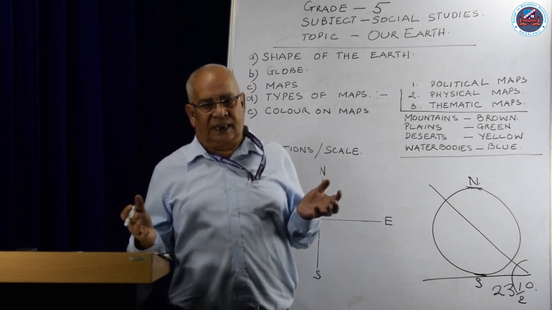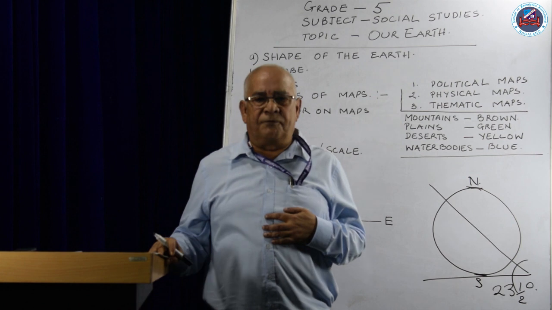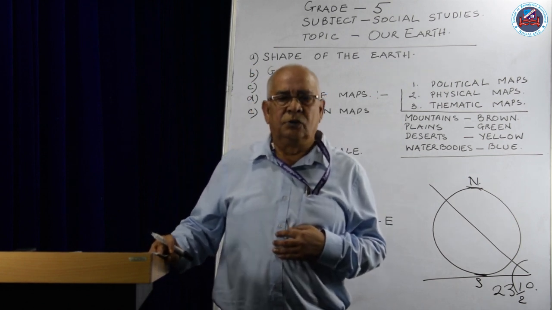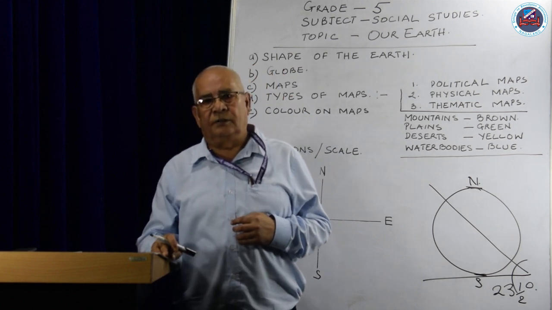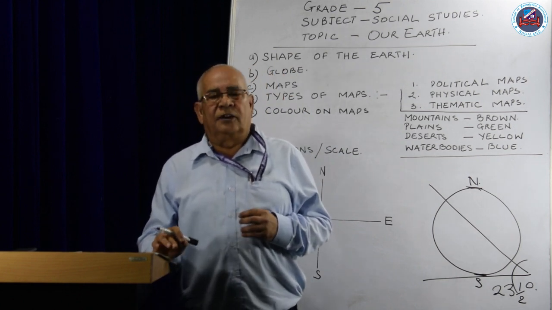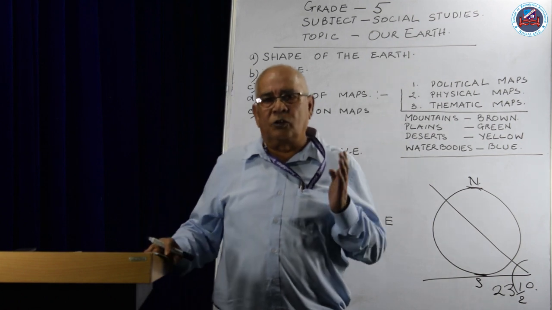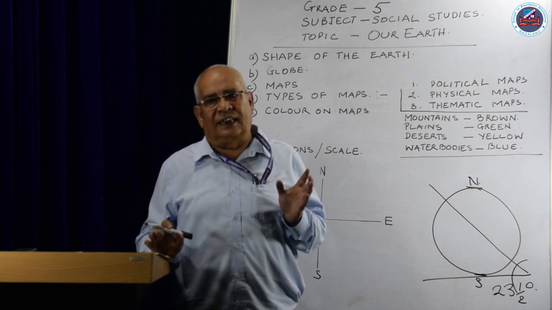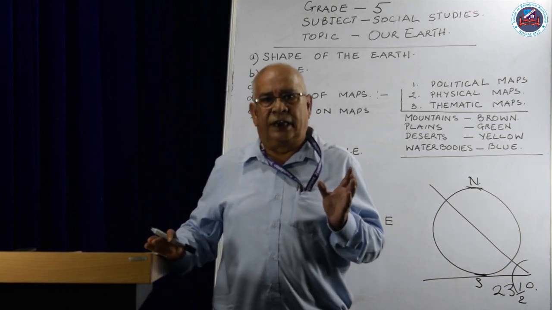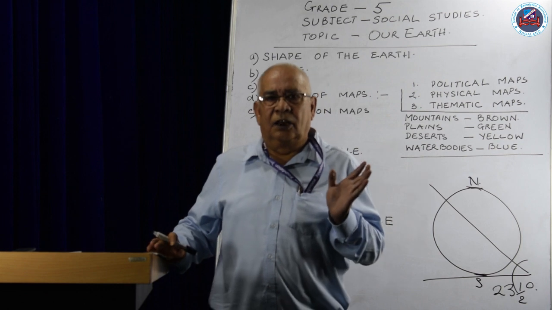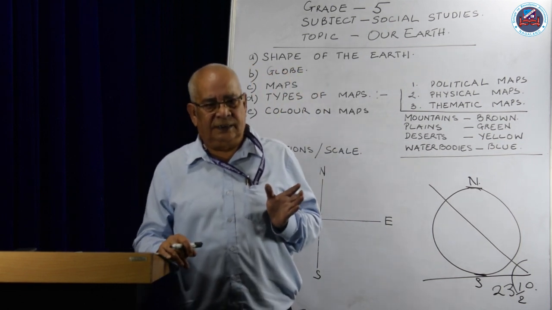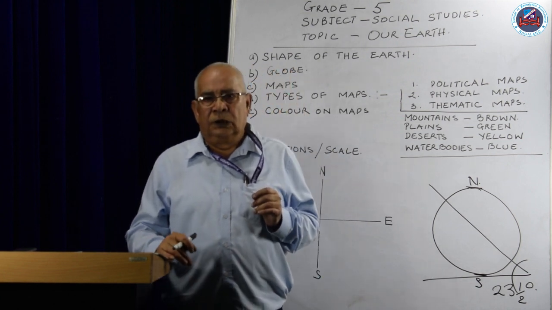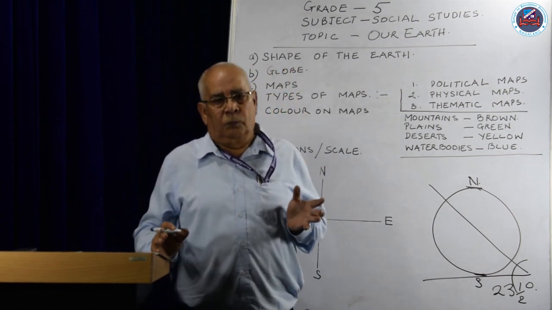The disadvantage is that it does not show every detail of landforms, small towns, roads, railways, etc. However, it is a real model of the Earth, and it is also tilted at 23.5 degrees to make us all understand that the Earth is not rotating straight but at an angle of 23.5 degrees. It is difficult to carry about, especially if it is a big globe.